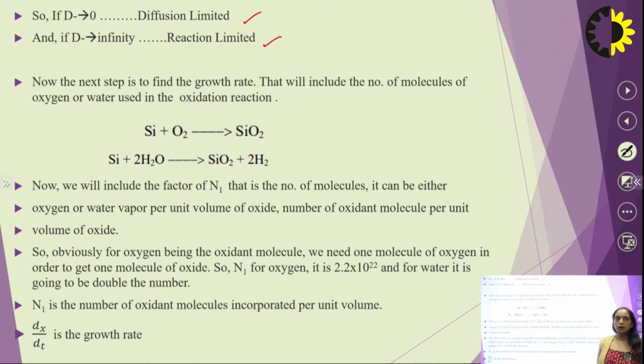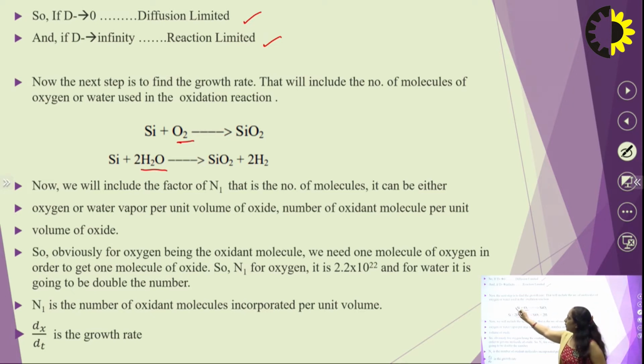So now the next step is to find out the growth rate, and that will include the number of molecules of oxygen or water used in the oxidation reaction. So before starting the growth kinetics, we have seen that your silicon dioxide is either formed by oxygen molecules or by water vapors, right?